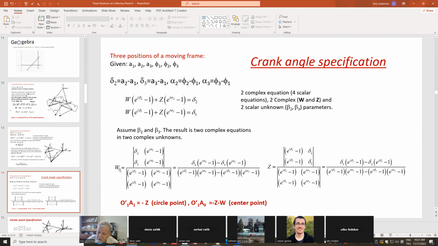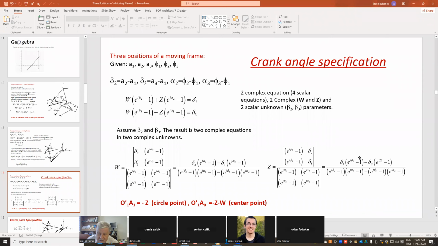This ratio is going to give me W. Replace the coefficients of Z by delta 2, delta 3. That will give you Z. I can solve these two equations.